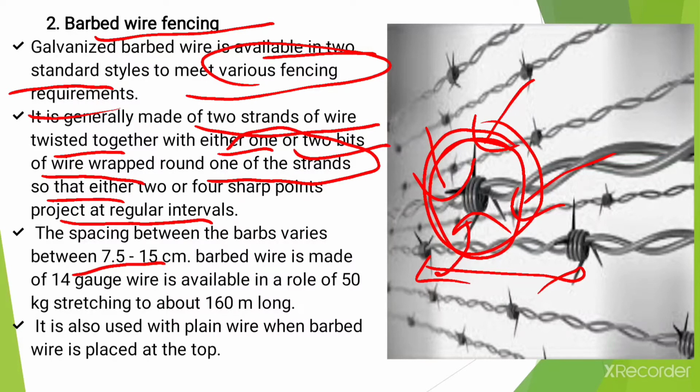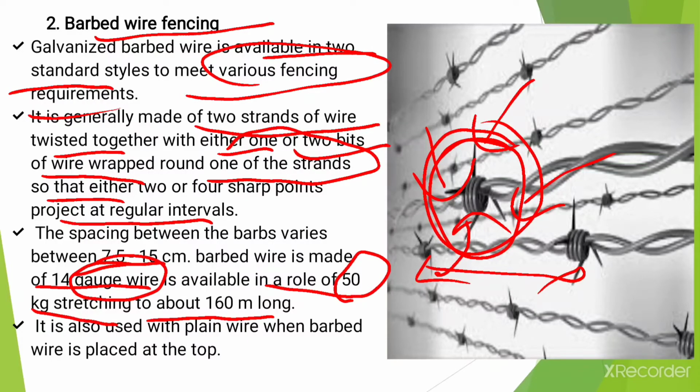Then barbed wire is made up of 14 gauge wire, available in rolls of 50 kg stretching to about 160 meter long. Now gauge is the unit of measurement of thickness, and this unit is particularly used in case of different types of wires or strands.